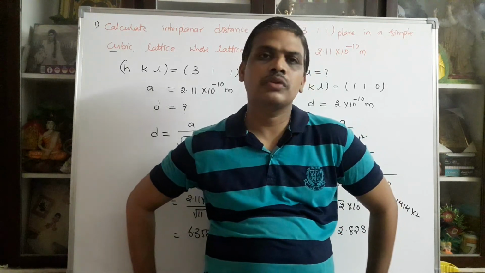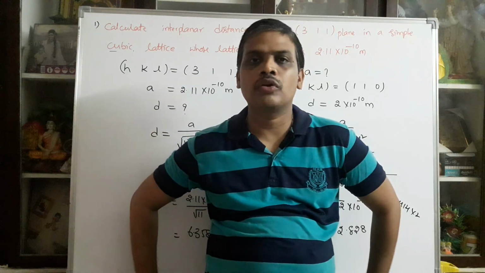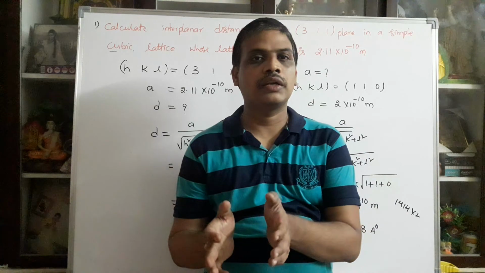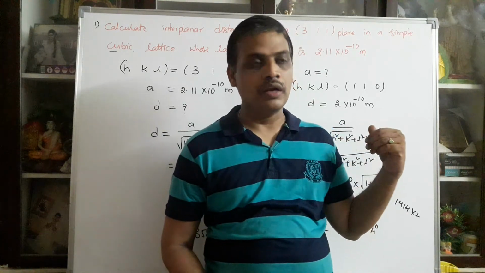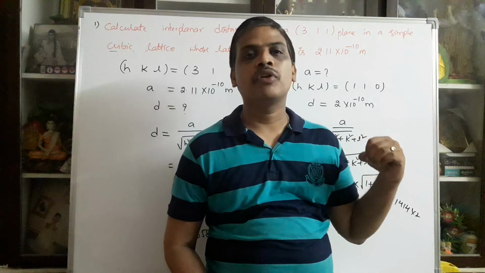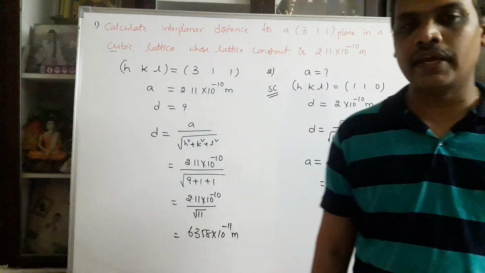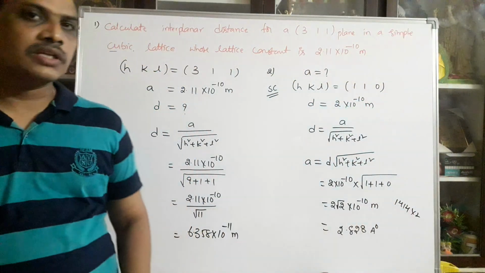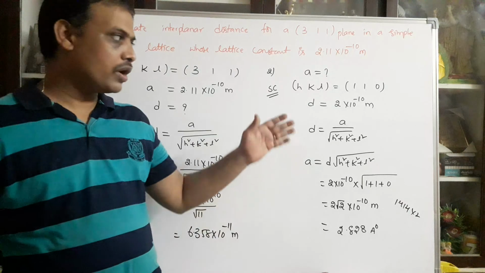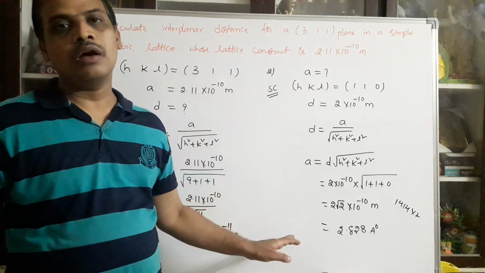So go through the chapter, just recall point by point, topic by topic. Some data is collected. Based on that data, I am explaining the remaining complete information about each and every topic from a pinpoint point of view. Okay, tomorrow we will discuss the second chapter, that is X-ray diffraction with respect to crystals. So up to this point you must learn each and every point. Don't neglect any.